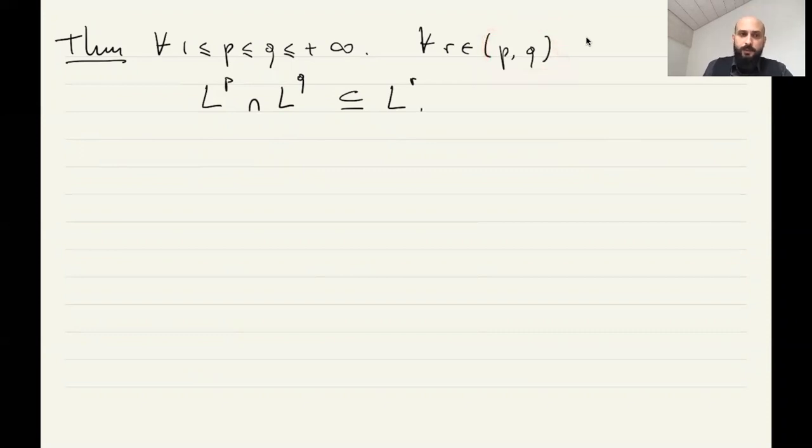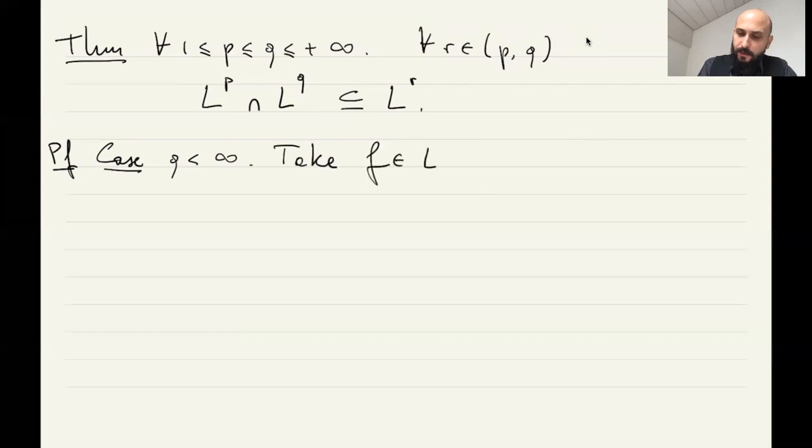So this is what we're going to do. Proof. Again, we have to consider the different cases, finite q and infinite q. So if q is different than infinity, let's take f in L^p intersect L^q.